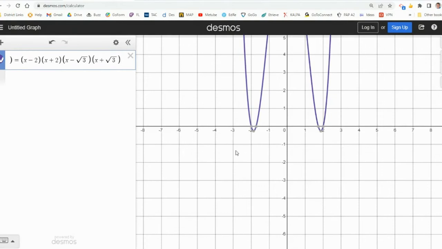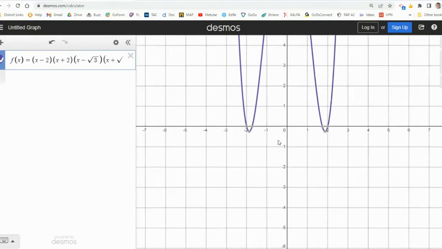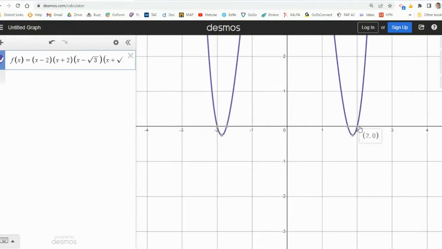The square root of 3 is about 1.7 something, right? There it is. So there are the 4 zeros: 2, negative 2, and the rounded decimal equivalent of the square root of 3 and the negative square root of 3. So we wrote the function that had those 4 zeros that we were given to start with.